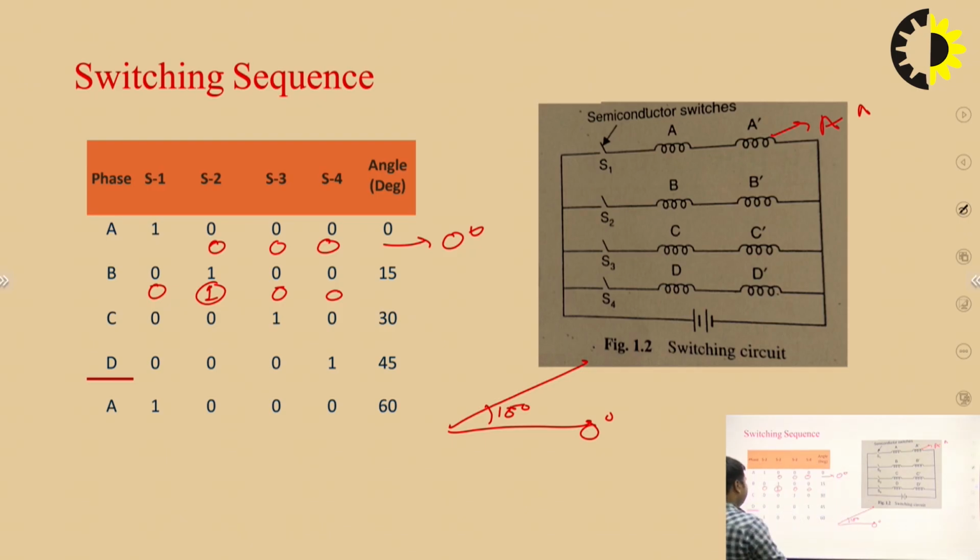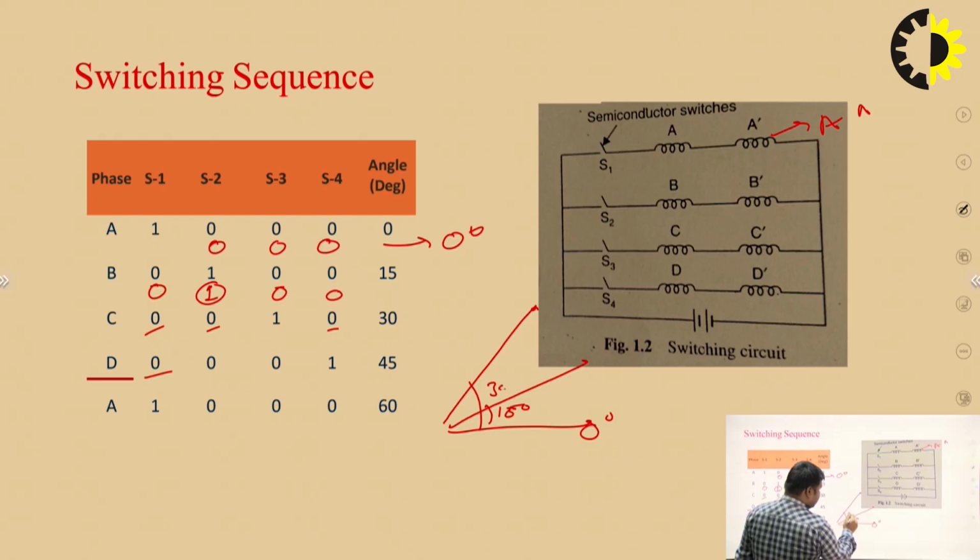When phase C is energized, the C and C dash windings are excited with the corresponding S3 closed, while switch 1, switch 2, and switch 4 are open. So the rotation angle is 15 degrees more than the previous one, and 30 degrees from the initial state.